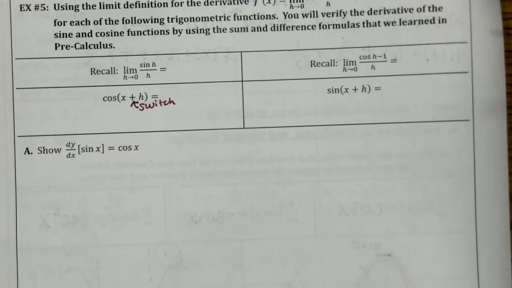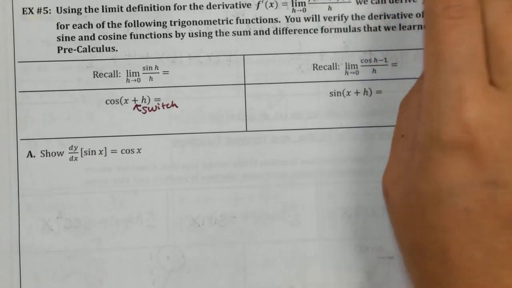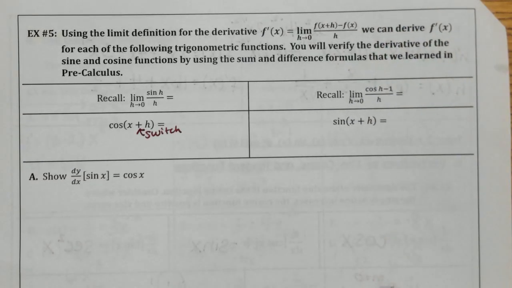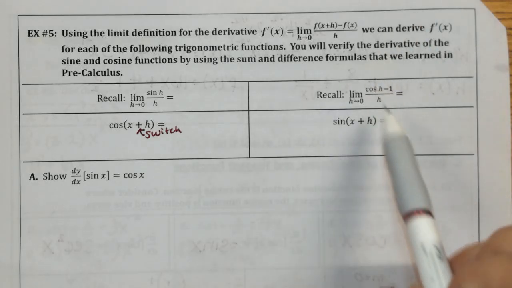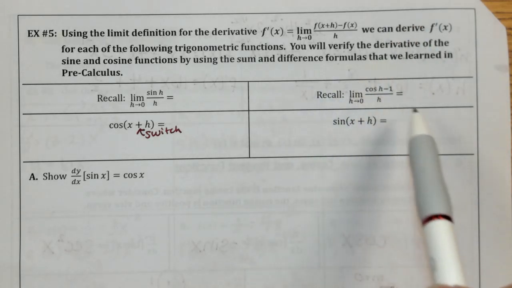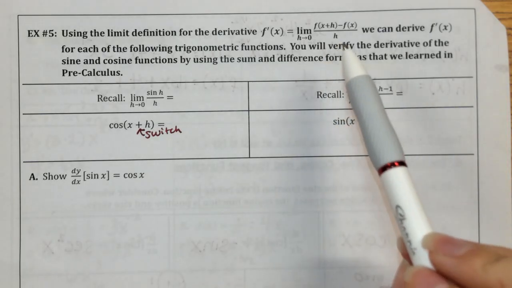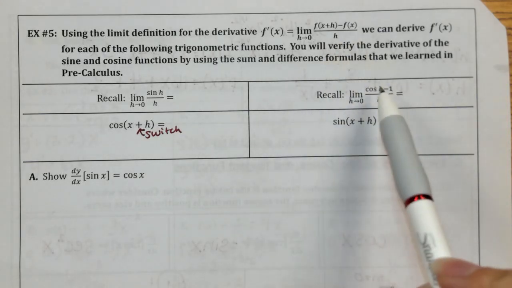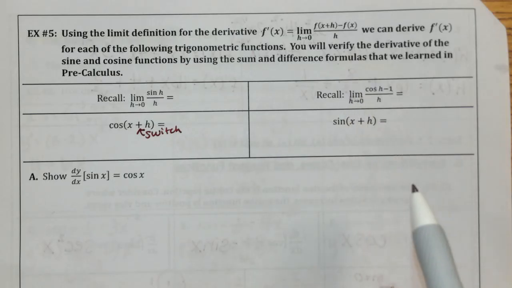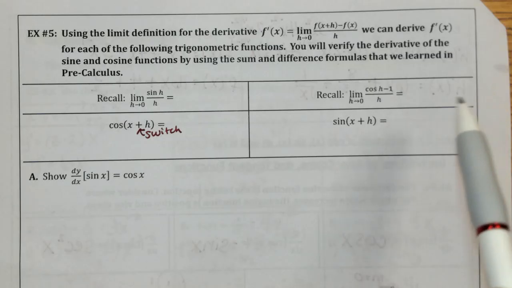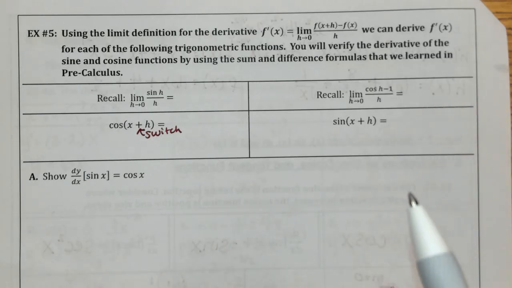Even more fun stuff. I know that it says recall. It's going to be okay. But on example number 5, using the limit definition for the derivative, which is f prime of x is the limit as h approaches 0 of f of x plus h minus f of x divided by h, using that limit definition, we can derive f prime of x for each of the following trigonometric functions.